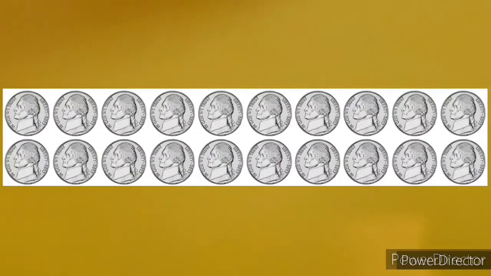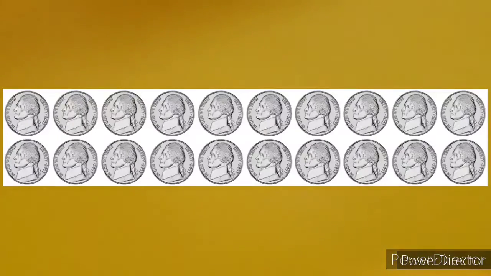All right, Zoe, you ready? 5, 10, 15, 20, 25, 30, 35, 40, 45, 50, 55, 60, 65, 70, 75, 80, 85, 90, 95, 100. Whoa! How many nickels did it take us to get to 100 cents?